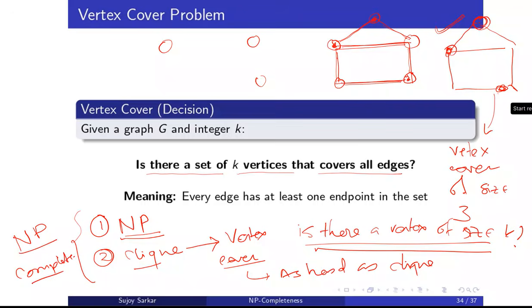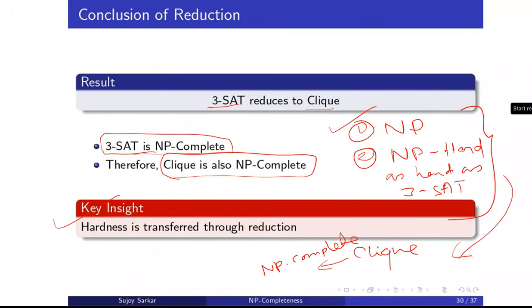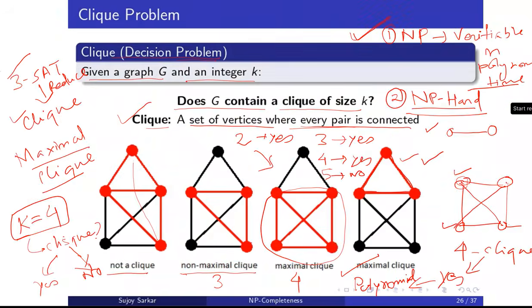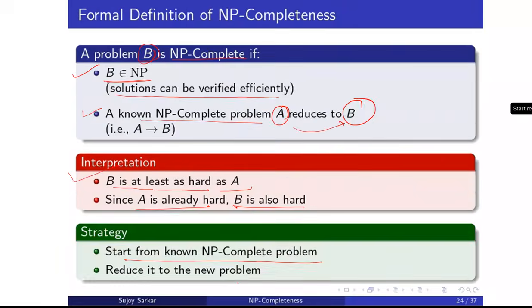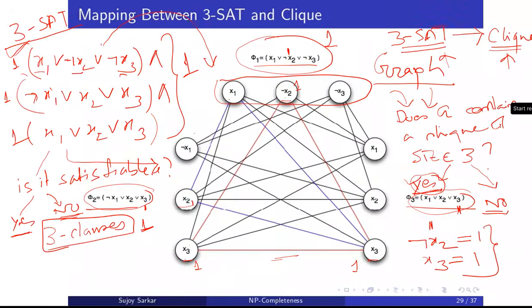Same approach. Like that, we can prove all these problems. Like I said earlier, SAT can be reduced to Clique, Clique can be reduced to vertex cover, which can be reduced to subset sum.